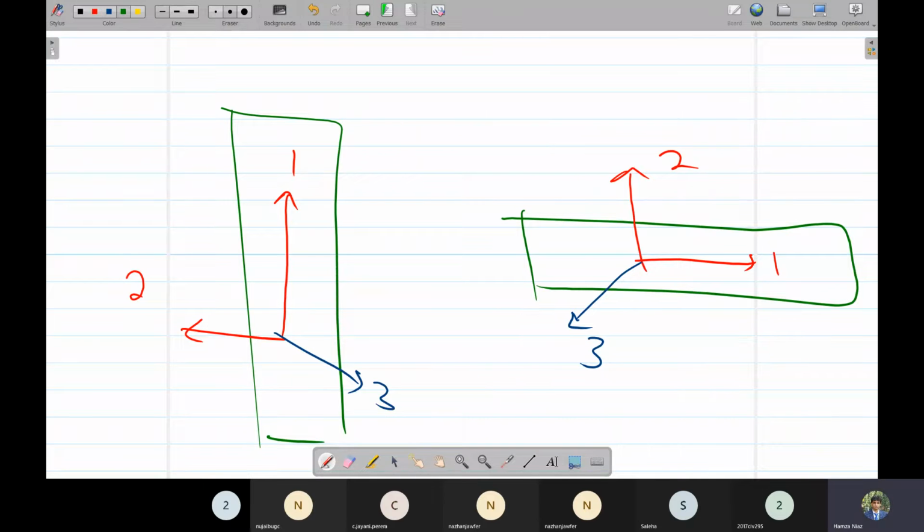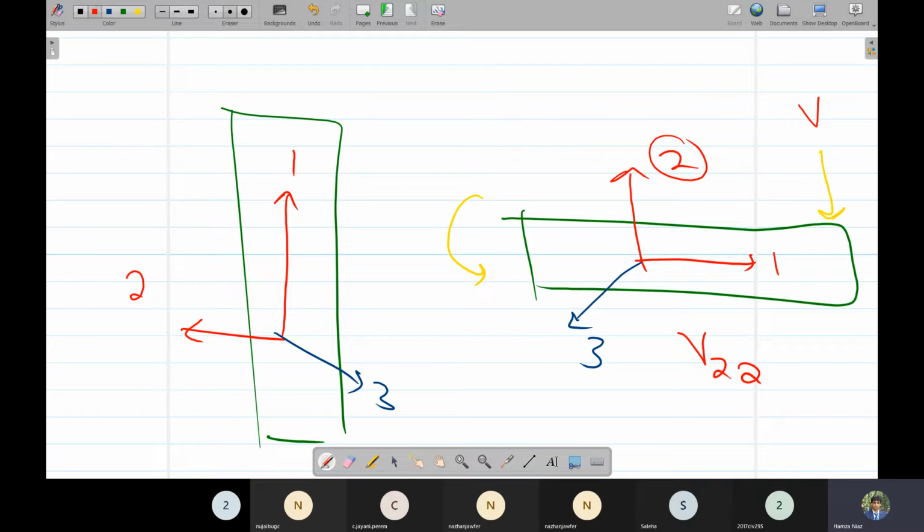For a beam, we know that the critical forces are shear force and bending moment. So the critical forces for a beam would be V22, because this shear is in the direction of the second axis.